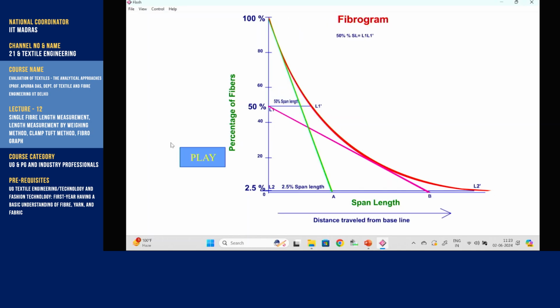Here we can call it the mean length in fibrogram.